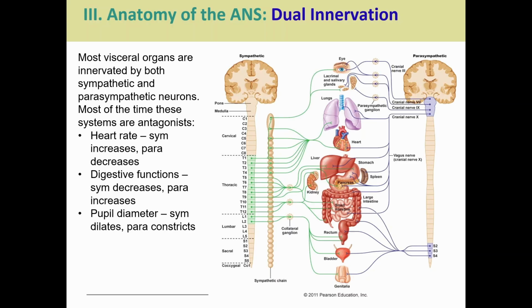In general, the sympathetic nervous system takes us out of homeostasis for a short period of time because of emergency situations, whereas parasympathetic brings us back to that baseline. When danger is gone, we don't need to worry about that anymore. We're not going to worry about increasing the heart rate.